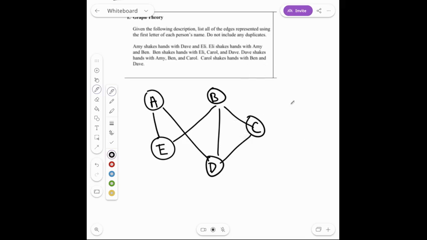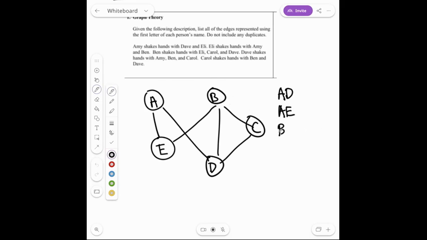So now we can list all the edges, or you don't even have to draw the graph. You can just write it, but you need to make sure you don't include any repeats. So AD, AE. The best way to do this is to start from A and then go down the alphabet, and then once you're out of A's, go to B, which will help you not repeat.